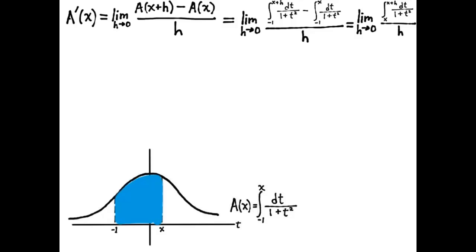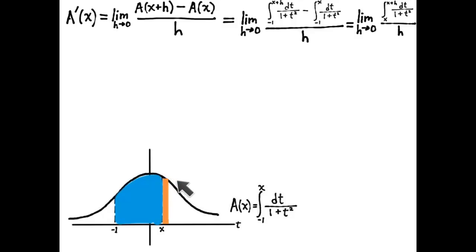Now let me represent that numerator of that expression by this little orange region in the figure over here. It's the area of that orange region that I will then be dividing by h. But if you look closely, you'll notice I did not really draw a picture of the region described by this integral. I really drew a rectangle. If you look at the top, you can see it's flat.